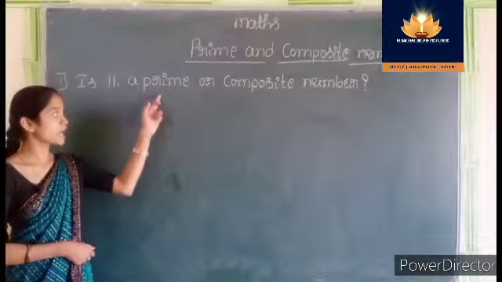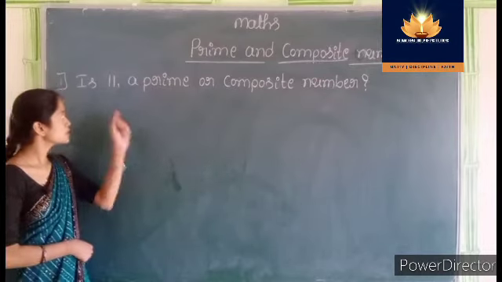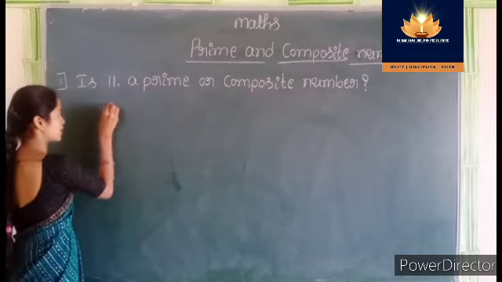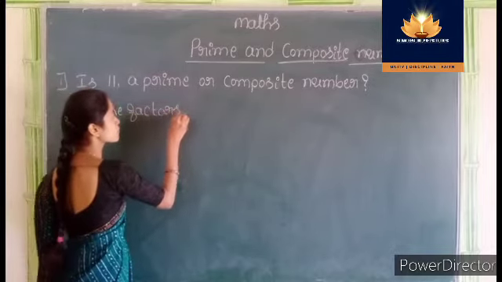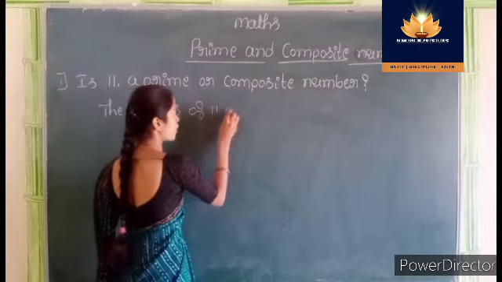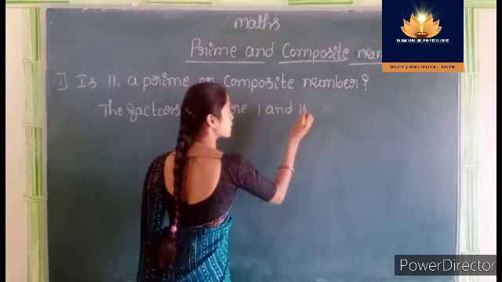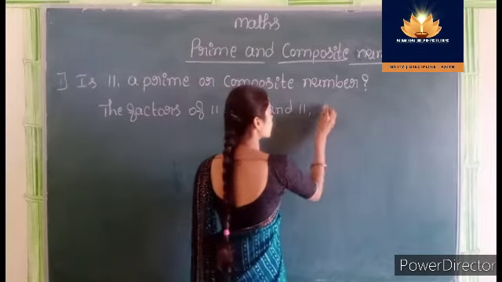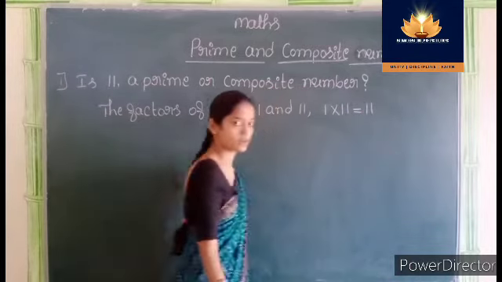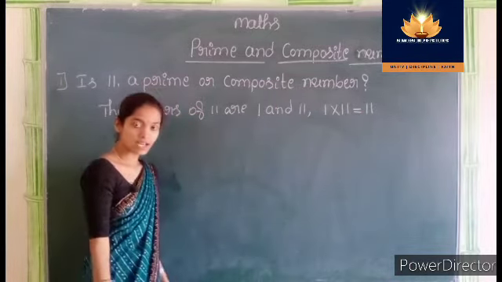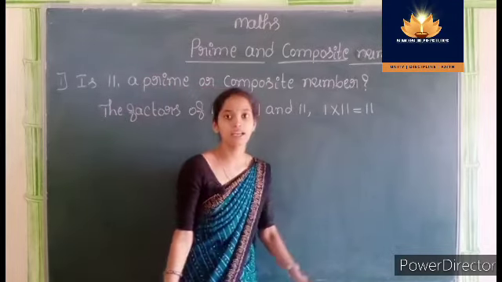Is 11 a prime or composite number? Let us check the factors of 11. The factors of 11 are 1 and 11, because 1 into 11 is equal to 11 only. So, 11 has two factors, those are 1 and 11.